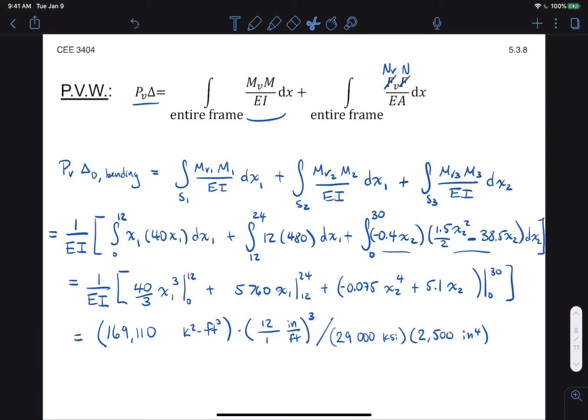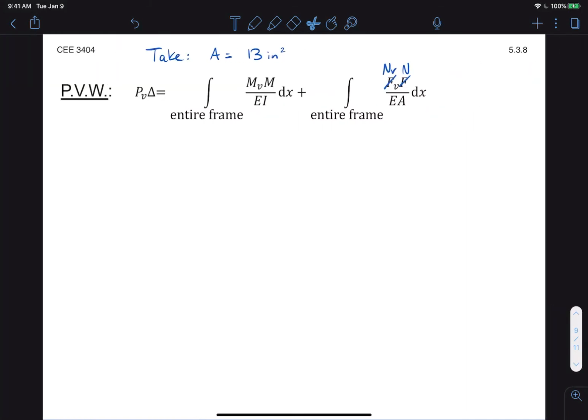And so in order to match the units that were given for E and I, we need to multiply by 12 cubed to convert that quantity to inches. Then we simply divide by the terms for E and I, and our final result is 4.03 kip inches, which we then simply divide by that unit virtual force to get our final deformation due to bending. So our final answer is delta due just to bending is 4.03 inches.